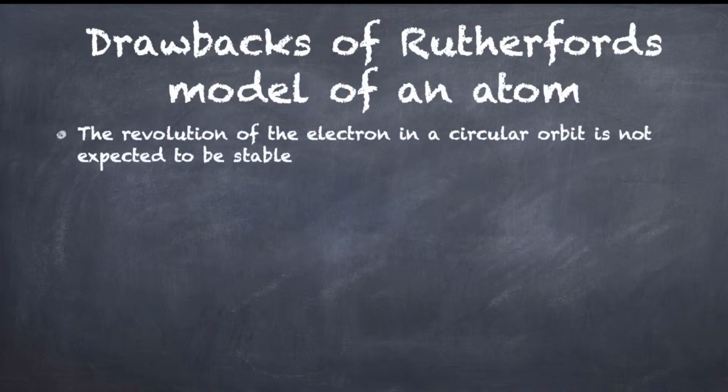Now, we have two models, but what was the drawback of Rutherford's model of an atom? Rutherford said the positive charge was in the center and these were called the protons. Revolving around it were electrons, and the electrons were moving in a circular path which was not stable.